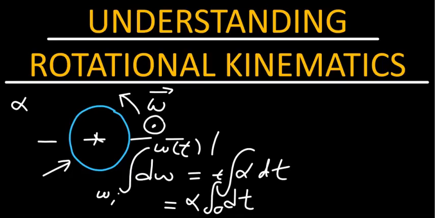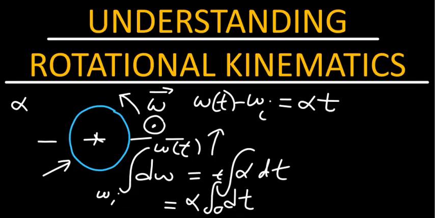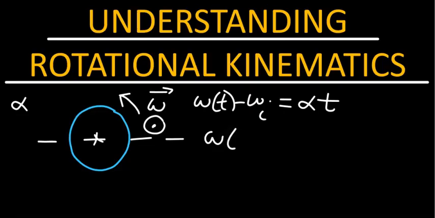So that means this expression can be written as omega at any time t minus omega initial, namely omega at t equals 0, equals alpha t. So the angular velocity of this rotating disk at any time t is given by the angular velocity at t equals 0 plus the angular acceleration that is constant times the time t.